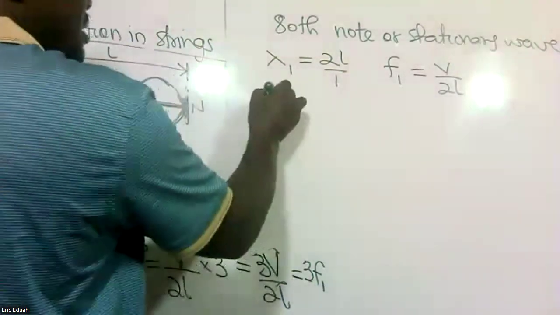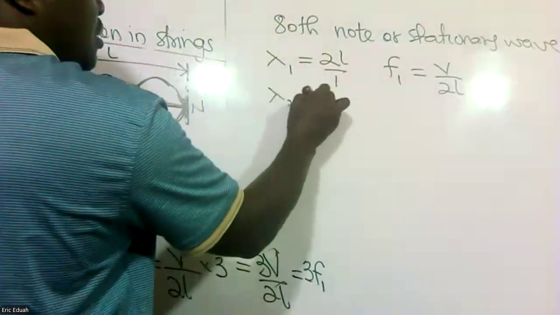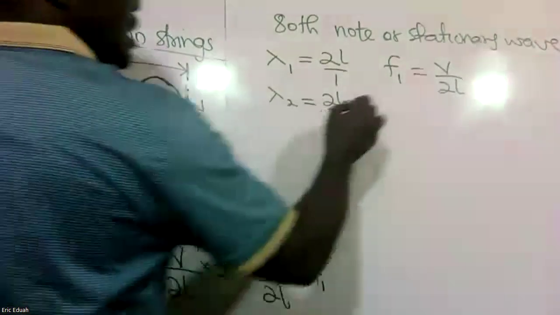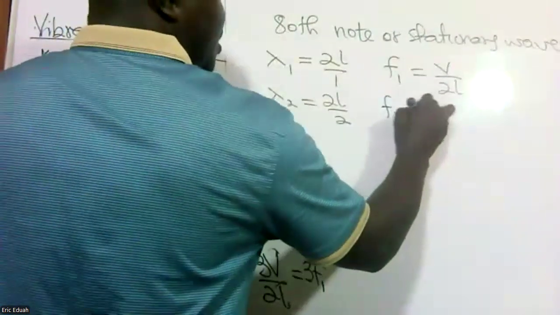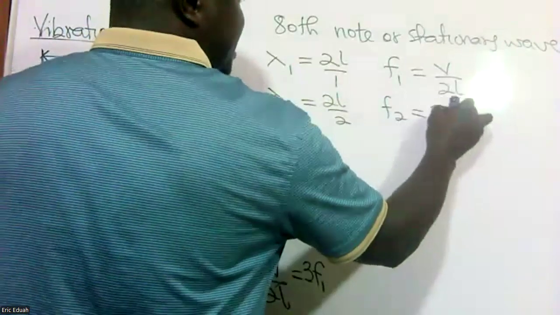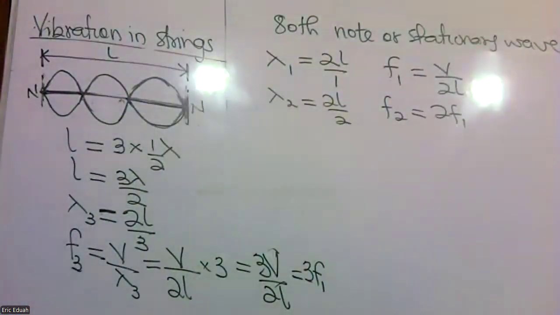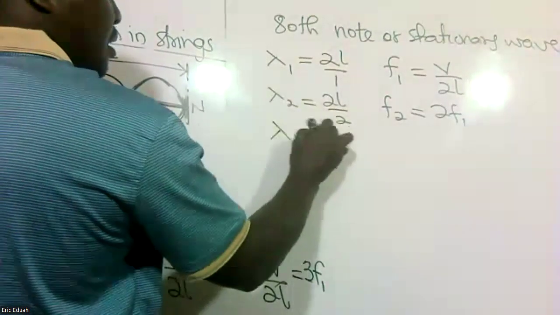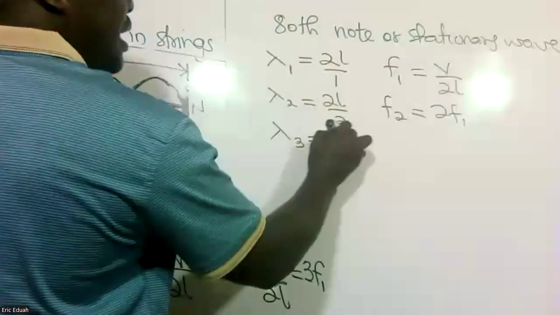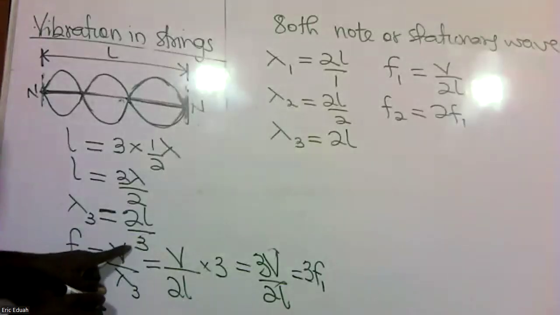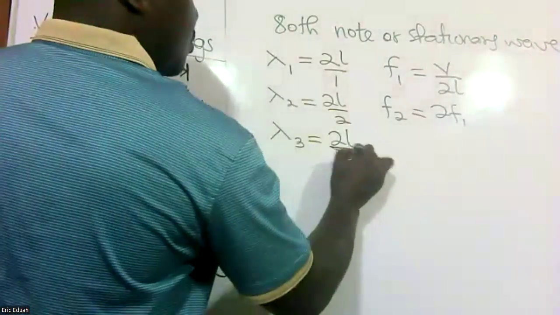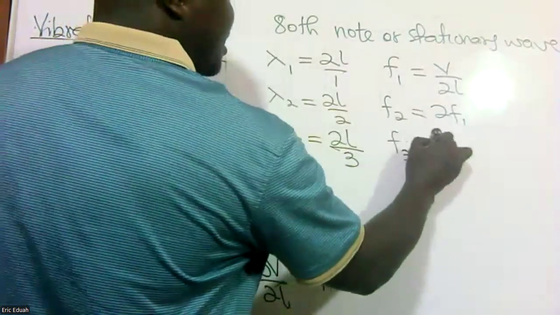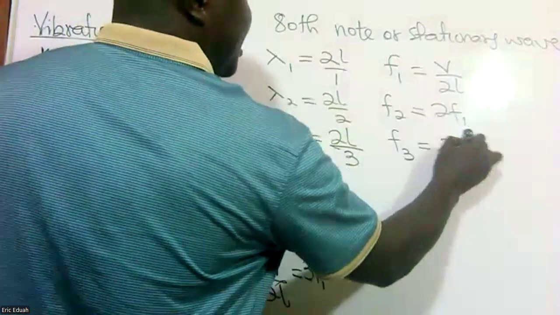Then the second note, lambda 2, we had 2L on 2, and the frequency F2 was 2 times F1. The third wavelength we had 2L on 3, and frequency F3 was 3 times F1.